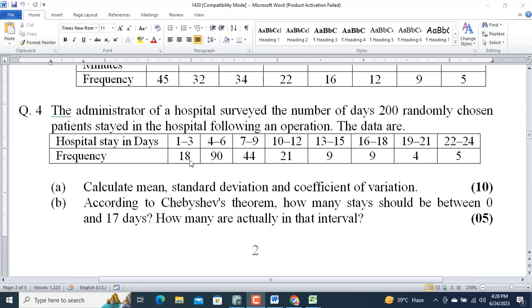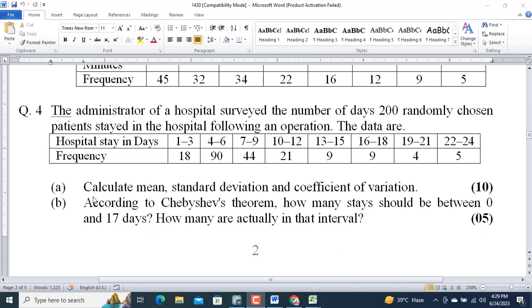How many patients stayed in the hospital for an operation if the number of stays is 1 to 3, or between 4 to 6? So this frequency reflects the number of patients that stay in the hospital regarding the concerned group. So here is the information.